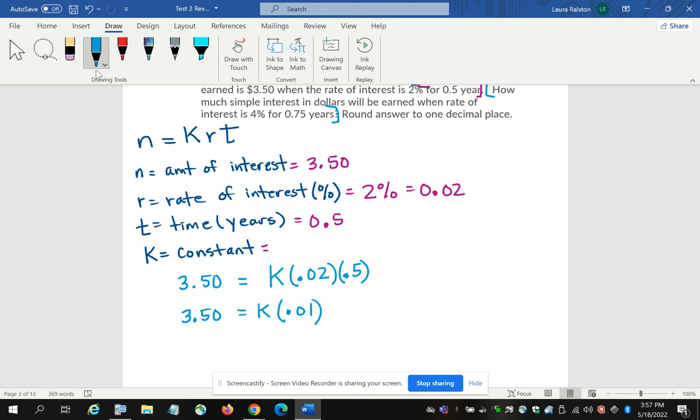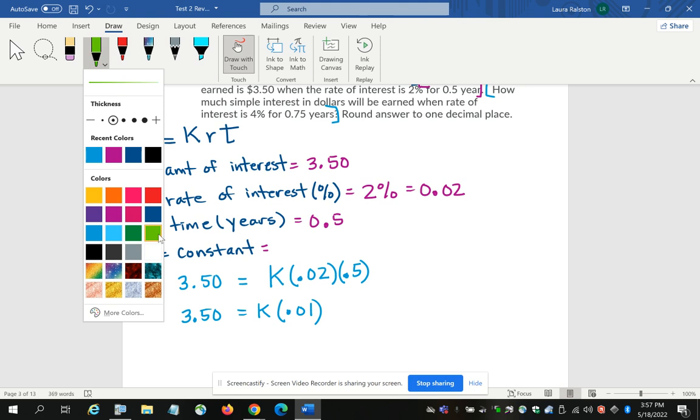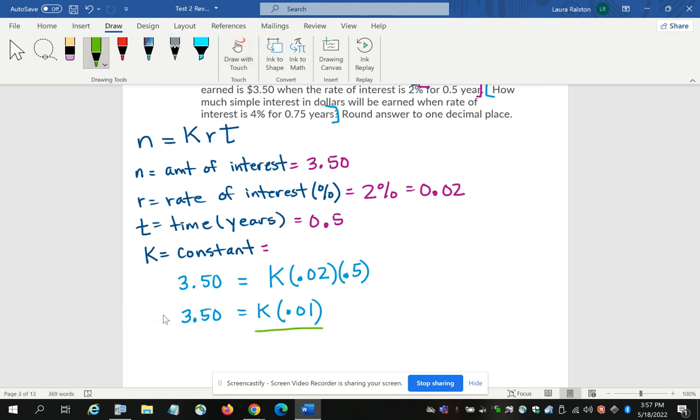Then I need to divide both sides by 0.01. So K is $3.50 divided by 0.01, which is 350.